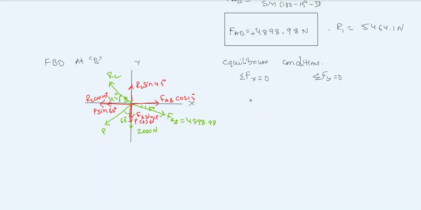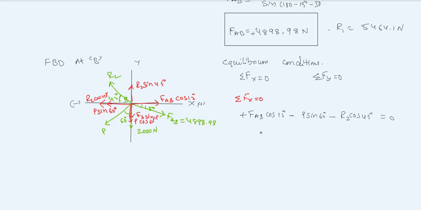Now apply the equilibrium condition in the x direction. Sigma Fx is equal to 0. For the x directional forces, this is the positive direction and this is the negative direction. For the positive direction, there is only one force, that is plus FAB cos 15 degrees. In the negative direction, we have two forces, that is minus P sin 60 minus R2 cos 45, is equal to 0.